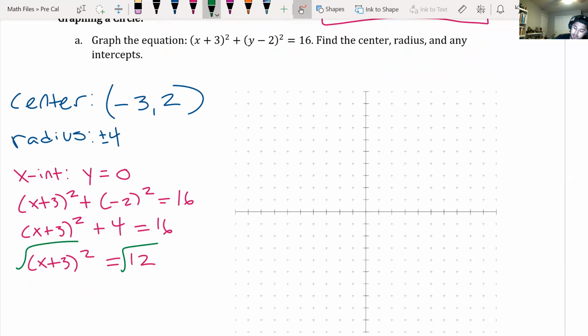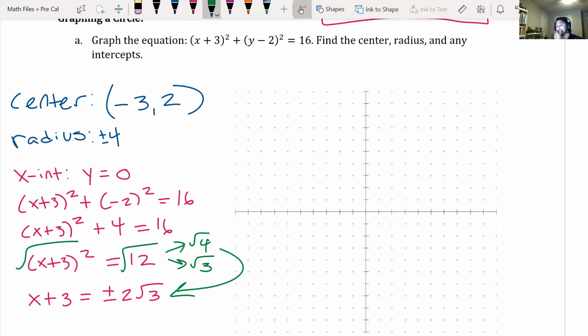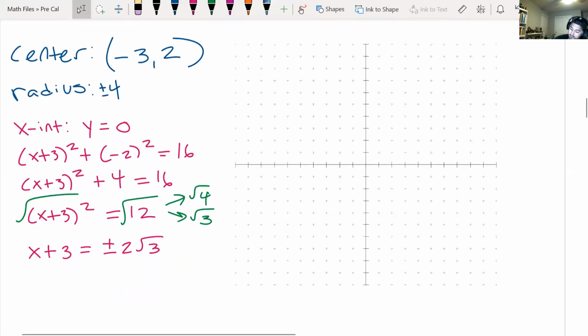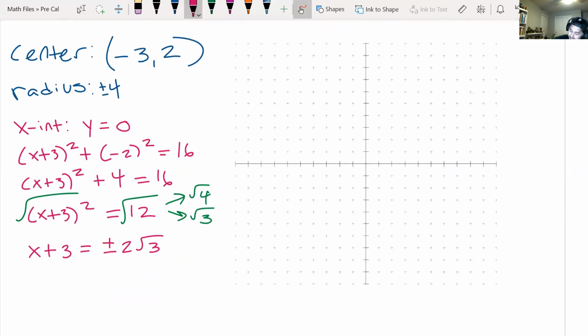And then can you break down the square root of 12 more? Yes, 2 square root of 3. So you get plus or minus 2 square root of 3, because this can break down into the square root of 4 and the square root of 3. Then just move that 3 over and you have your x-intercepts. Ugly at that. Negative 3 plus or minus 2 square root 3.